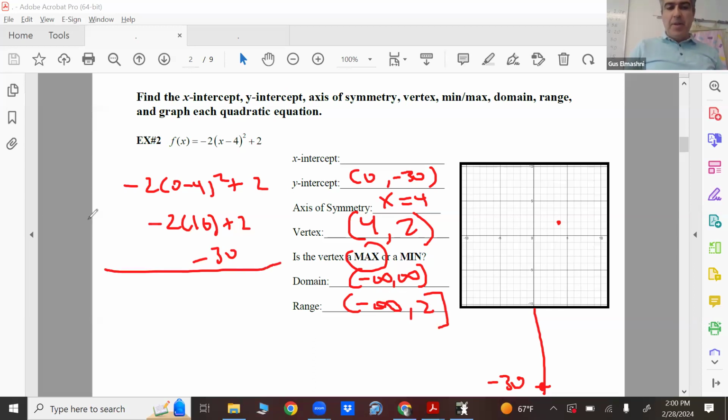X-intercept, we're going to replace y with 0. No, I didn't. Did I do it in the wrong place? Well, I don't know. Okay, no, not at all. Oh, +2. There's a +2.